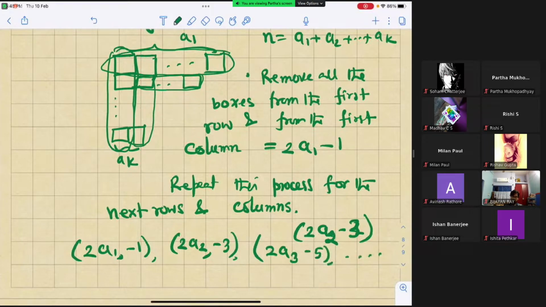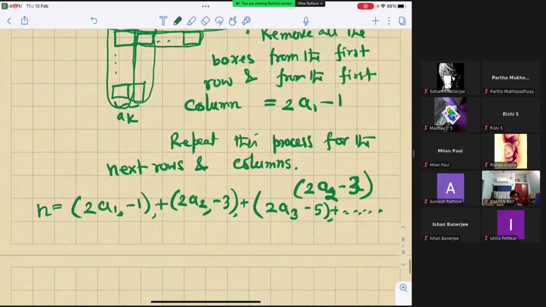And obviously, you are removing the boxes from the same diagram, right? So they will add up to n. So they are a partition, and all are odd. And they are all distinct. Why are they distinct? Because you know that from the beginning you have this relation. Right?